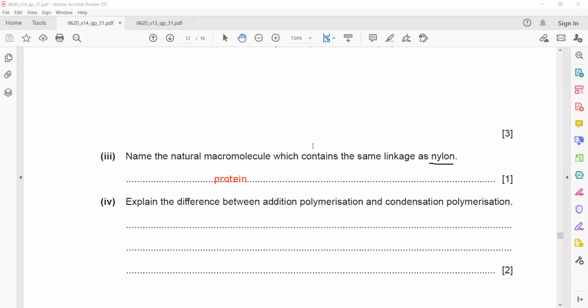In condensation polymerization, a polymer and a small molecule such as water are given off. In addition polymerization, identical unsaturated molecules are there, whereas in condensation, they can be identical or different.